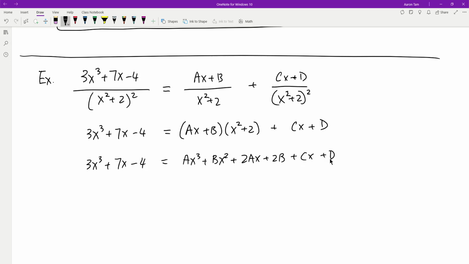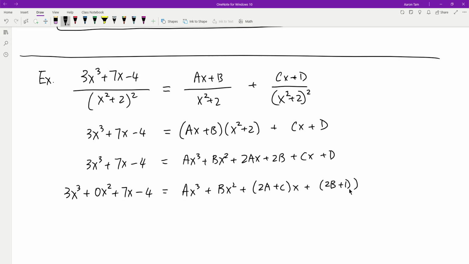Now I'm going to pair up the coefficients properly. On the left-hand side, this is 3x to the third plus 0x squared plus 7x minus 4. On the right-hand side, I have ax to the third plus bx squared plus, notice that for x, we have 2a plus c, and then we have 2b plus d for the constant.